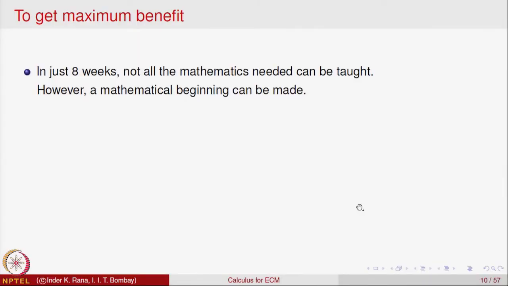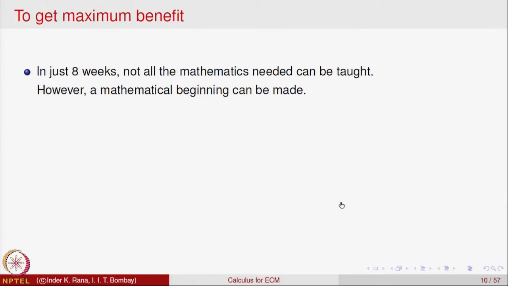This course is going to last for about 8 weeks. Not all the mathematics needed can be taught in these 8 weeks, time is short. However, we will give you enough material to get started on using mathematics to learn and to apply in your topics.